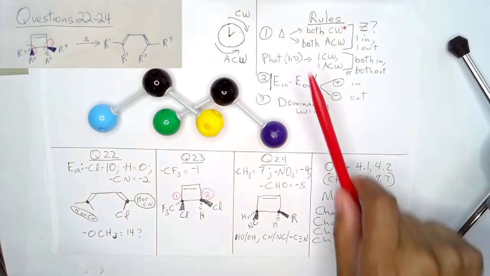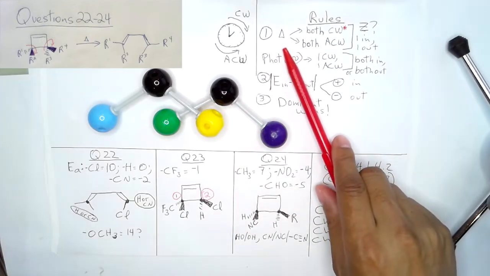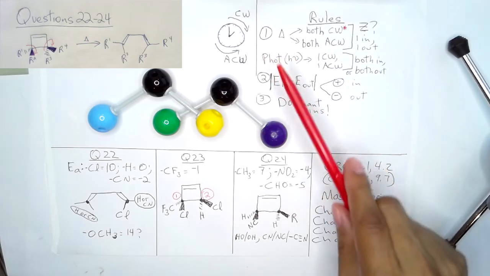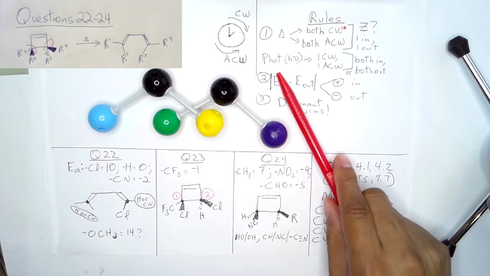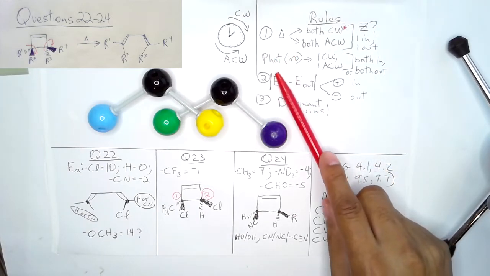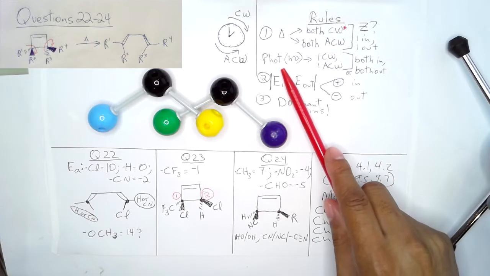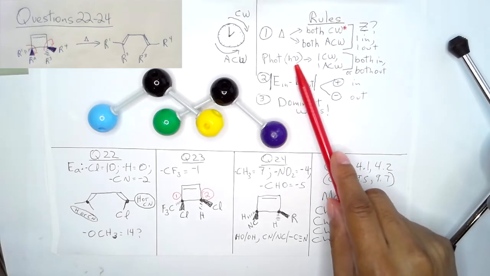So I've written the rule for delta, which is thermally, which means heat energy is provided, and photochemically, which means photon energy or light energy was involved in producing a chemical reaction, and that's symbolized by h nu.